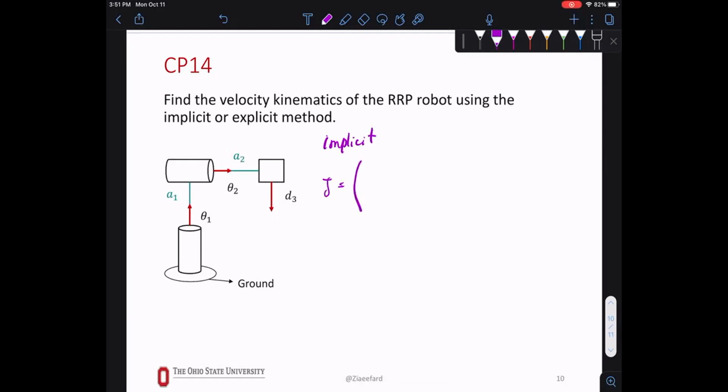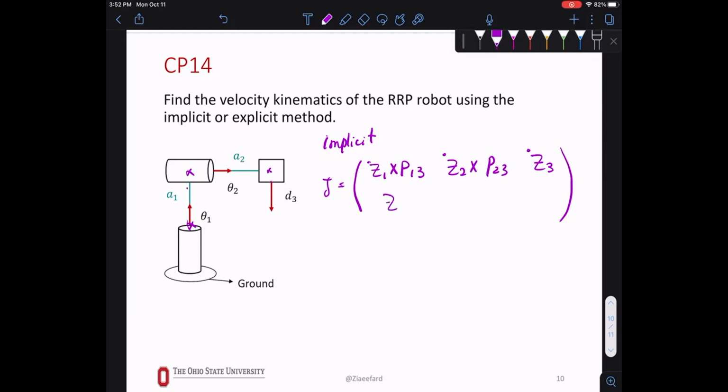So you either use the implicit method, where J becomes P13, P23, and then the last one. So basically finding the end effector from frame 1, frame 2, and then you're at that last frame.